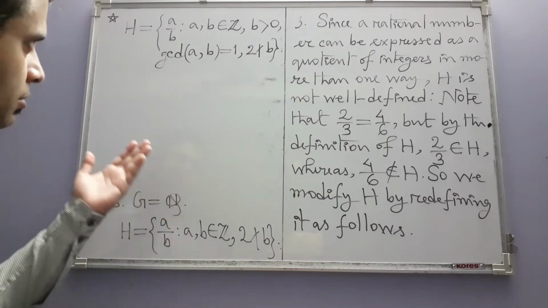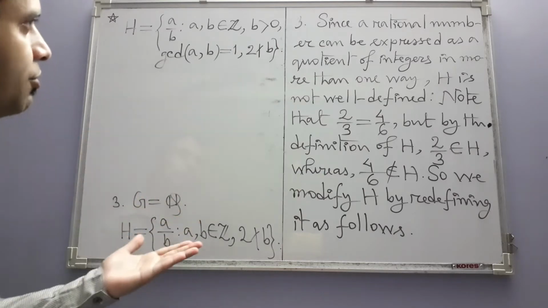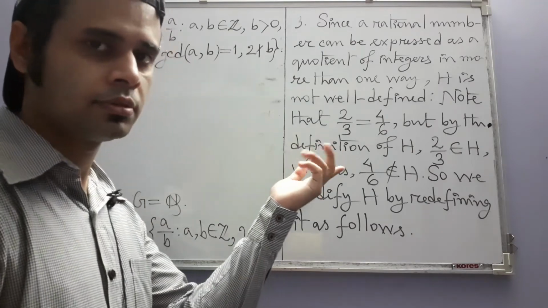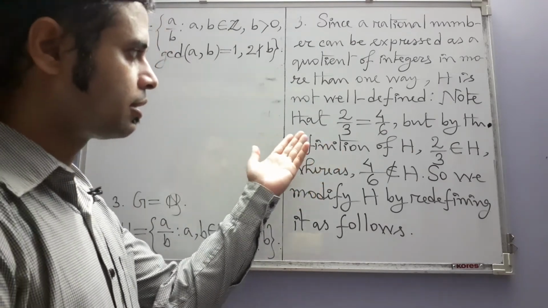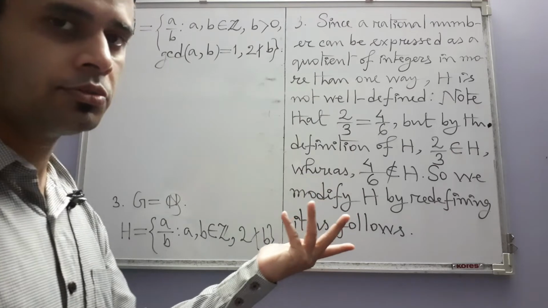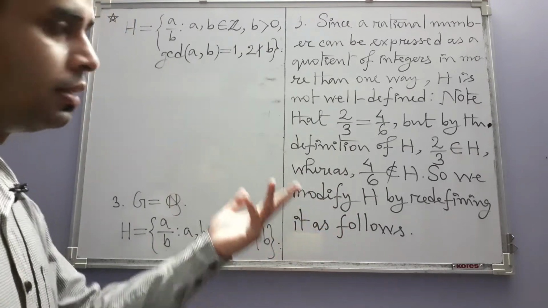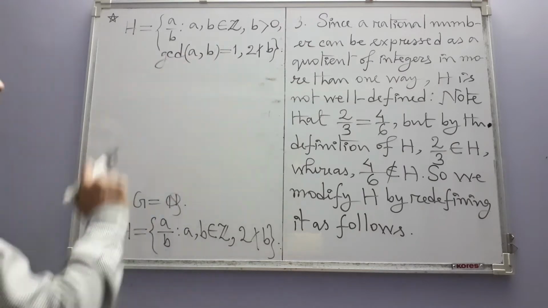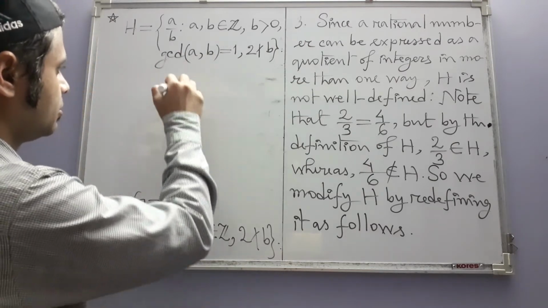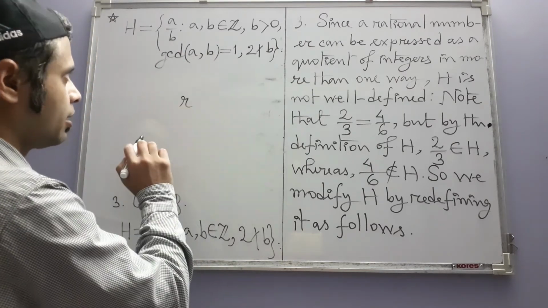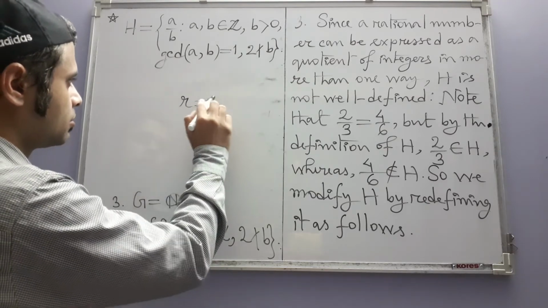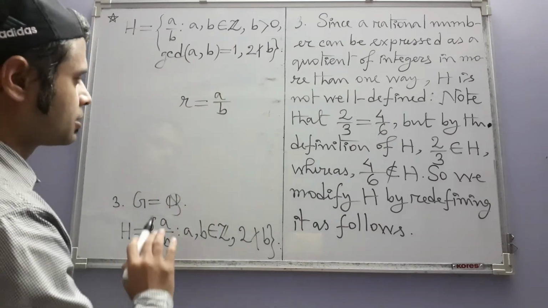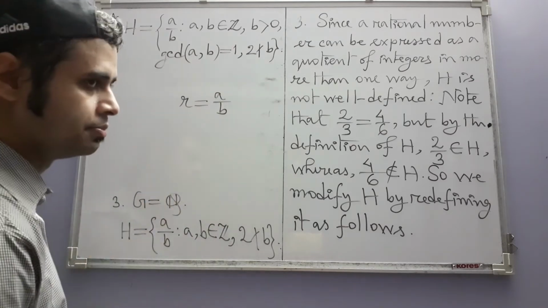According to this definition, however, that possibility of expressing a rational number as a quotient of 2 integers in more than one way does not occur here. These conditions make sure that every rational number r can be expressed in this form, where all the conditions are satisfied, in a unique way.